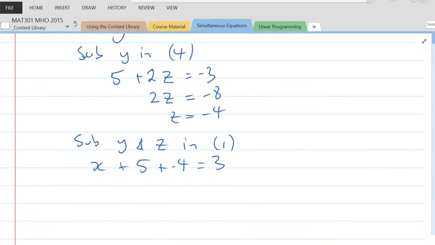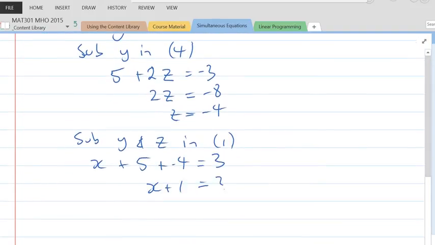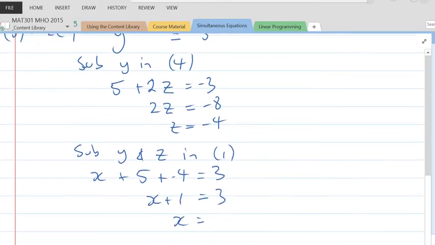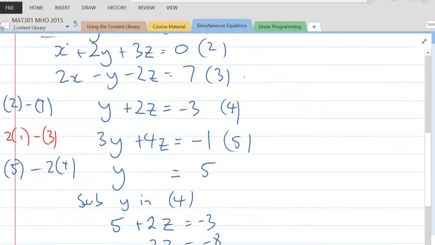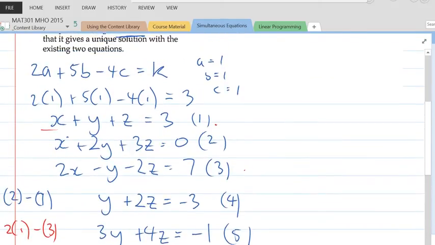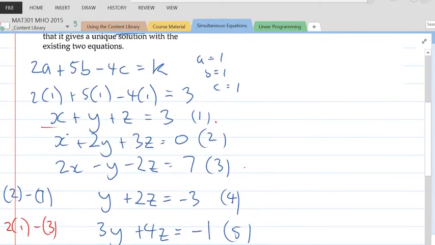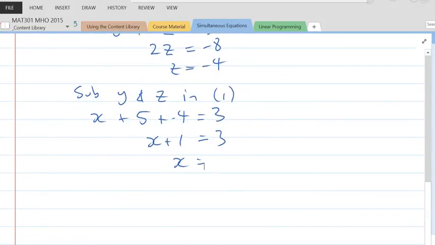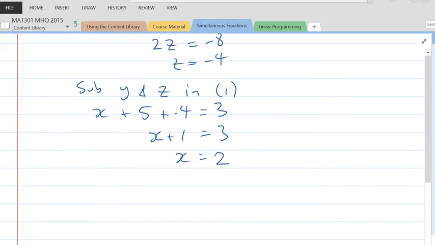And so I've got x plus 1 is equal to 3, so x is equal to, is it minus 3? Just checking, 3. So I get x is equal to 2.